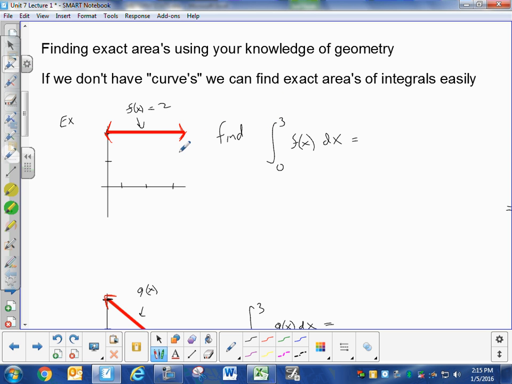Well, since it's a straight line, you can say, okay, what is this area? I can use geometry. It's just going to be base times height. 6. You can already answer problems with integrals in them.